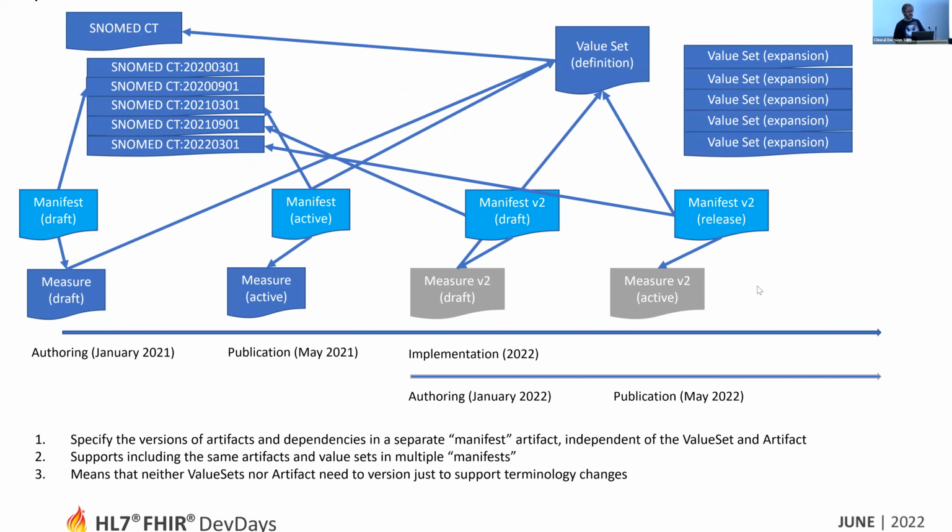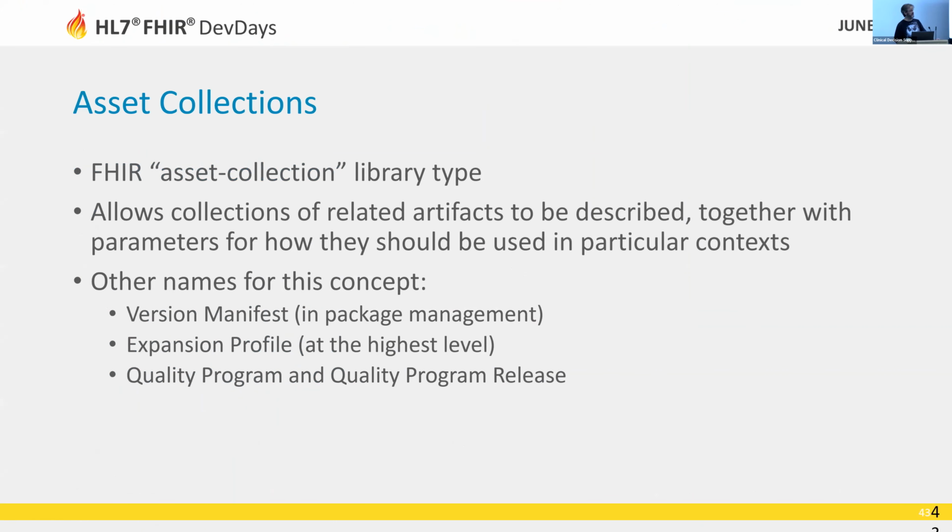We do that using asset collections. FHIR has an asset collection library that allows collections of related artifacts to be described together with parameters for how they should be used in particular contexts. Other names for this are version manifest. The VSAC currently has a thing called an expansion profile that is basically this, and quality programs and quality program releases.